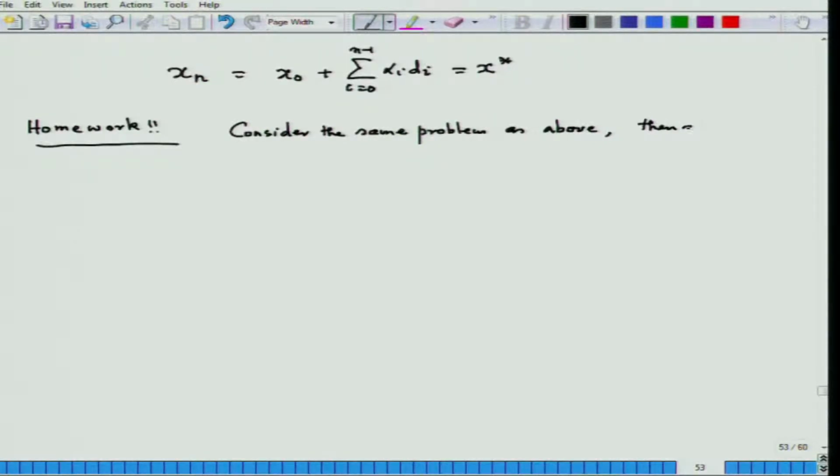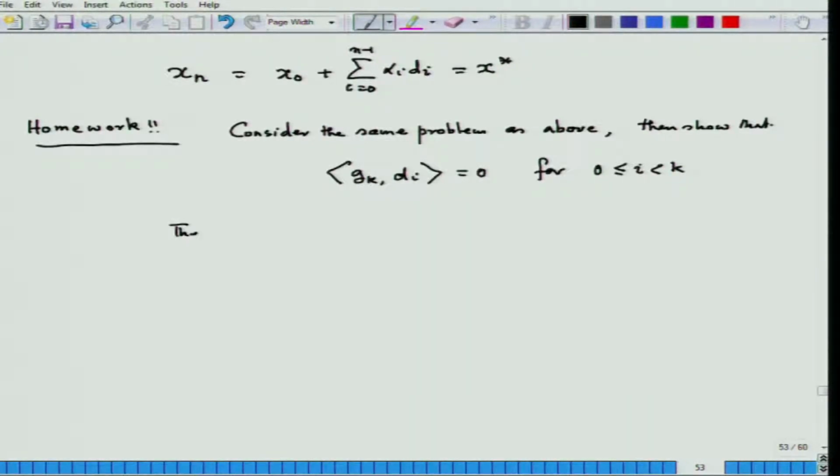Then show that g_k d_i is equal to 0 for all i from 0 till k minus 1. So basically, the gradient that you obtain is perpendicular to the conjugate directions d_i, where i is strictly less than k.